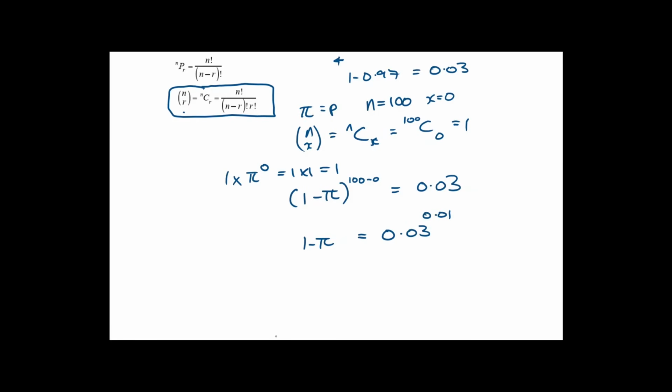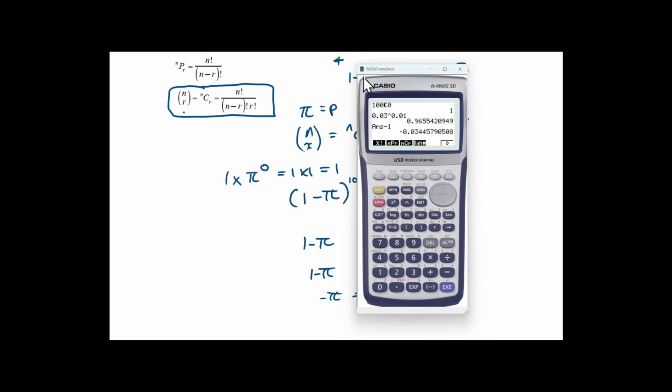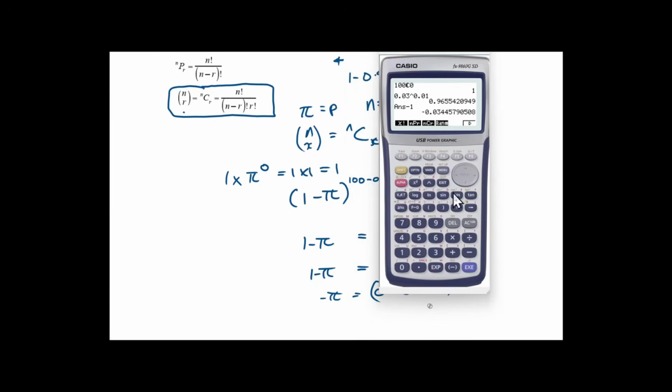We take the 100th root, in other words. Let's work that out on the calculator. 0.9655. So therefore, negative pi must be equal to 0.9655 minus 1. And then of course we're going to multiply that by negative 1.